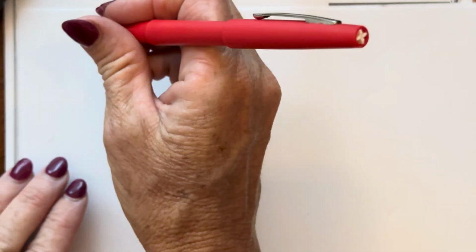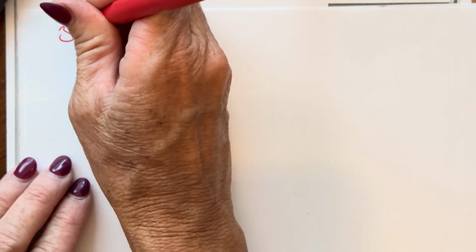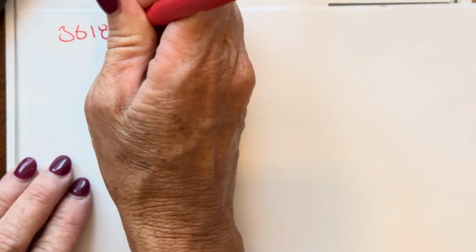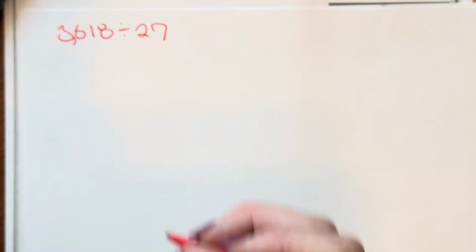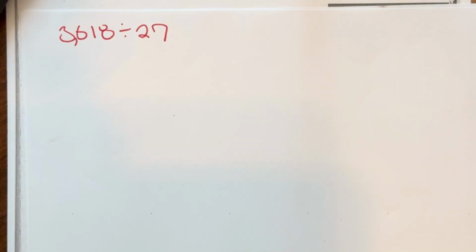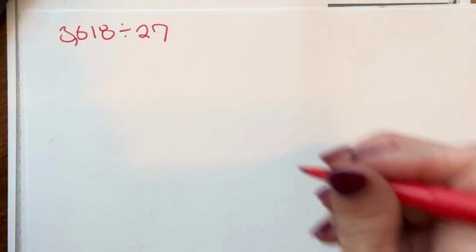So I'm going to do my first problem, and my problem is 3,618 divided by 27. So 3,618 put into groups of 27. So I might want to start with my division estimate here.